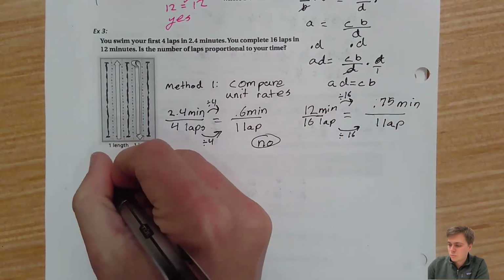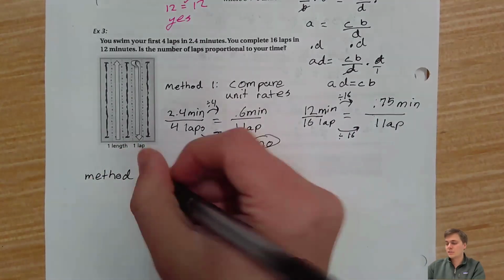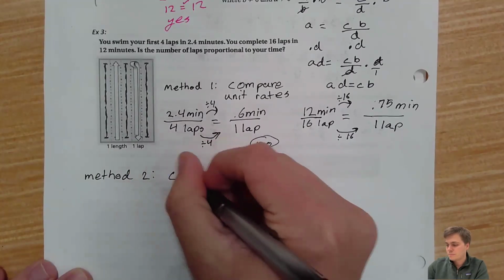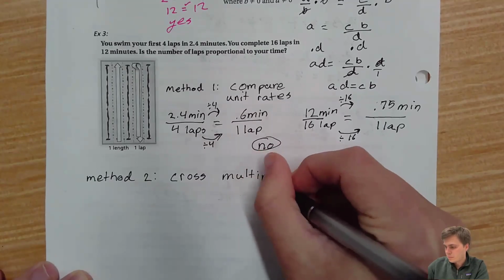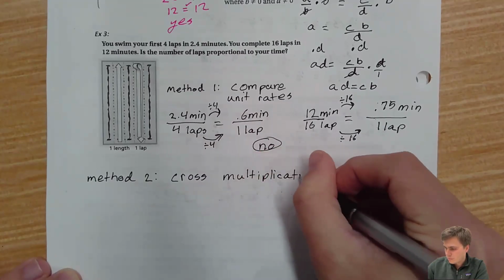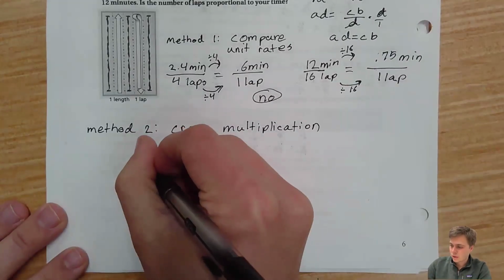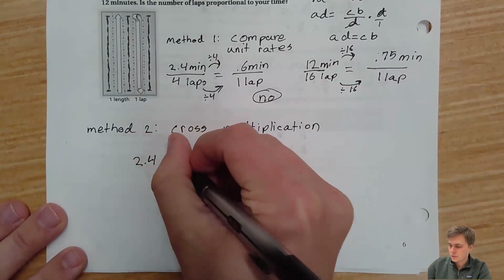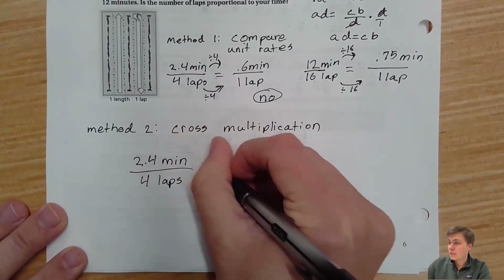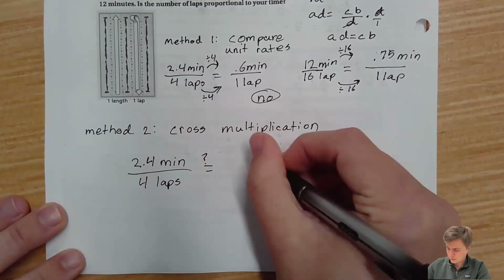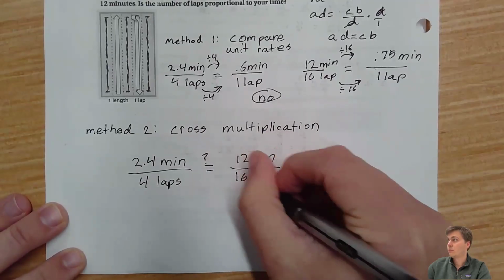Method 2. One more method, and admittedly, this next method is probably easier: let's do cross multiplication. So I can set up our proportion and ratio, 2.4 minutes per 4 laps. Does this equal 12 minutes per 16 laps?